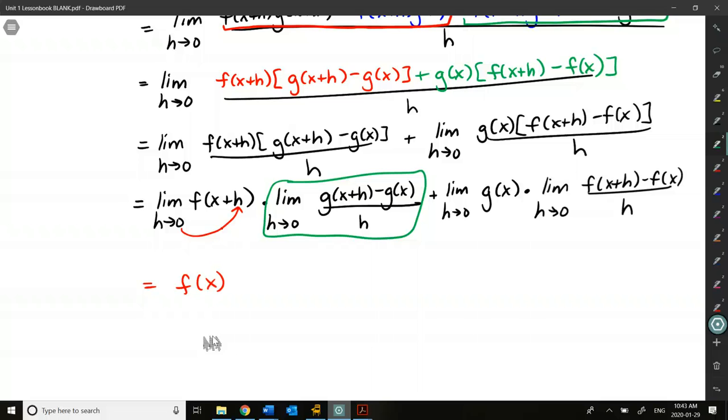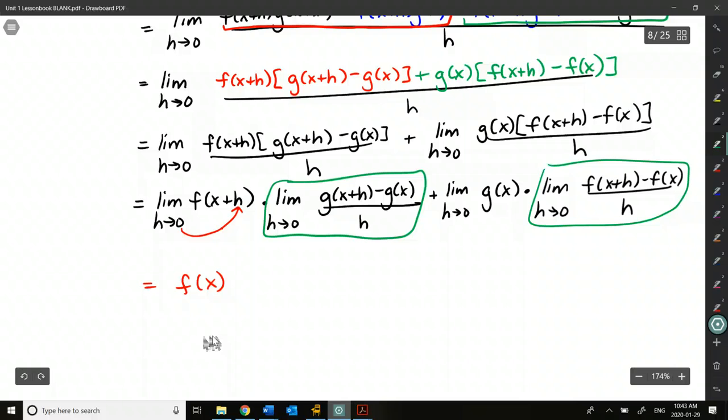It's f at x plus h minus f at x over h, and the limit as h approaches 0. So this is the derivative notation for the derivative of g at x. So this is equal to g prime at x. Okay, that's the actual definition of what a derivative is right there. That is the Newton quotient in and of itself.